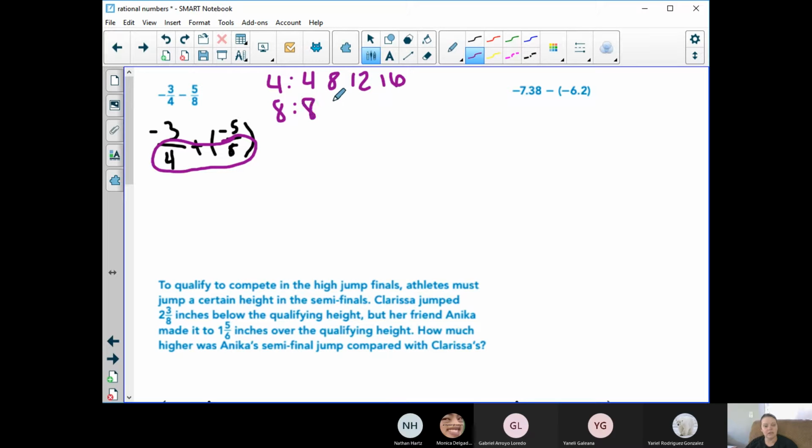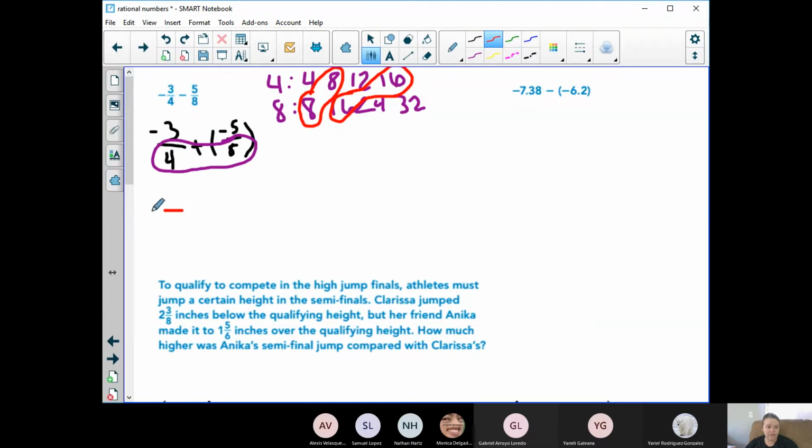This would be 8, 16, 24, 32. All right, so if I look, I can see that they have the multiple of 8 in common, and they also have the multiple of 16 in common. So which one is the least common multiple? Well, that's the one we see first, which would be 8.